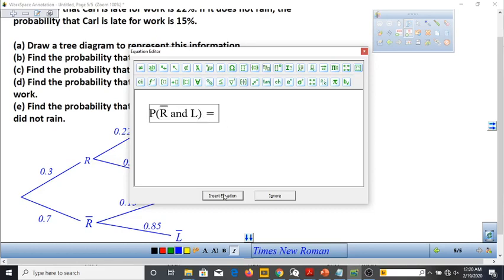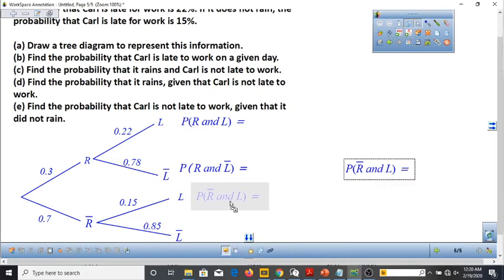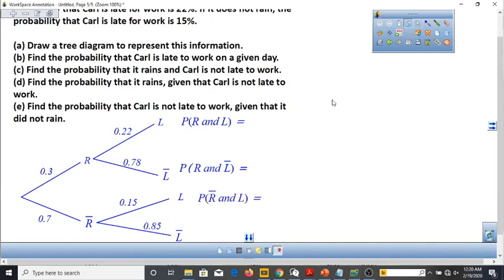Let's see what that works out to be. And then finally, the last case is the probability that it does not rain and he is not late.